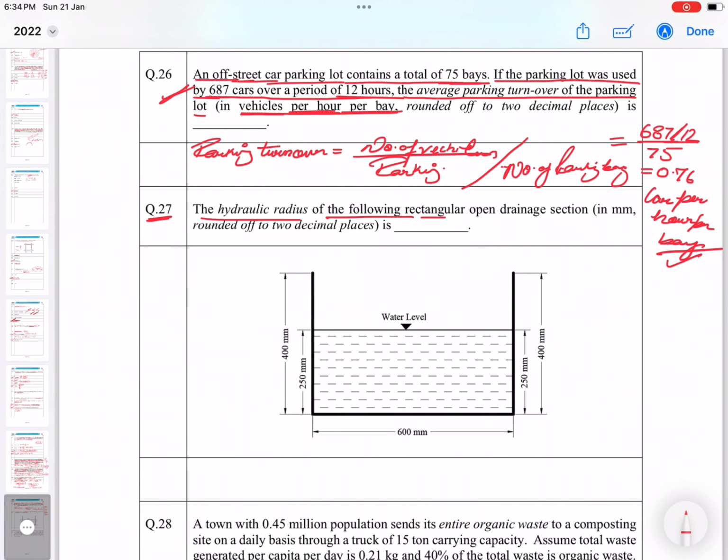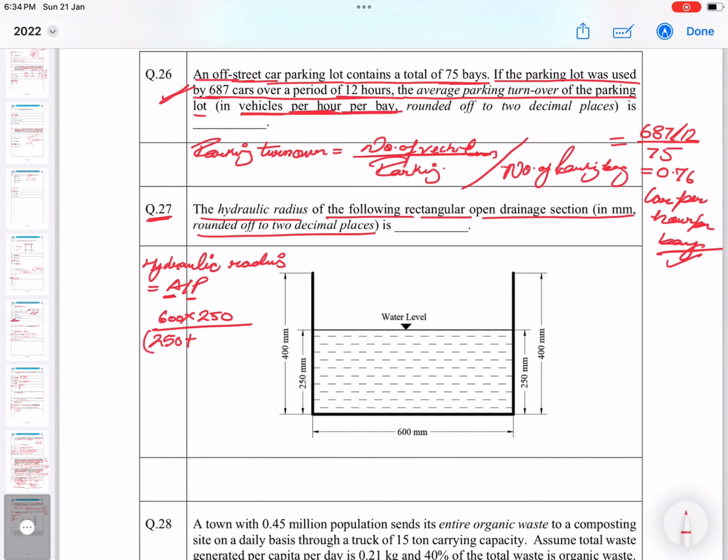Moving on to question number 27. The hydraulic radius of the following rectangular open drain section in mm, round off to 2 places. In this question it's very simple. First of all, you should know what hydraulic radius is. Hydraulic radius equals A upon P, where A is the wetted area and P is the wetted perimeter. The wetted area is 600 into 250.